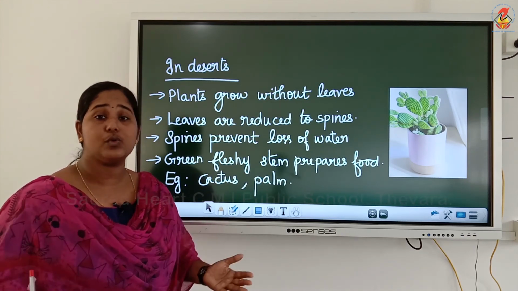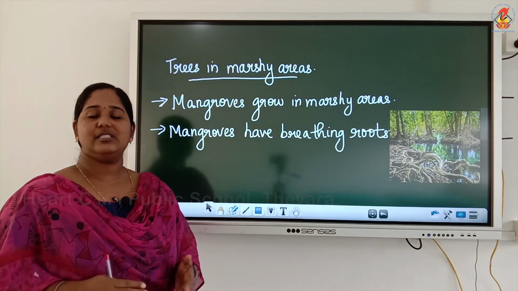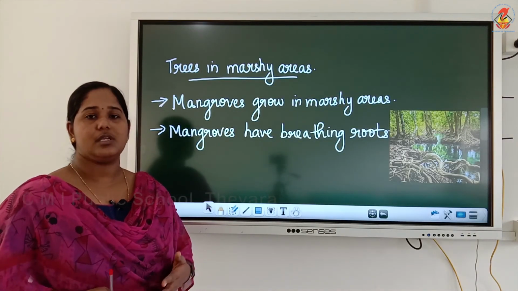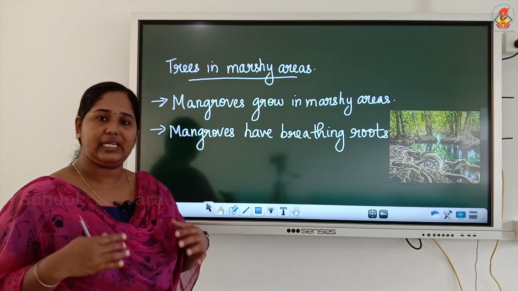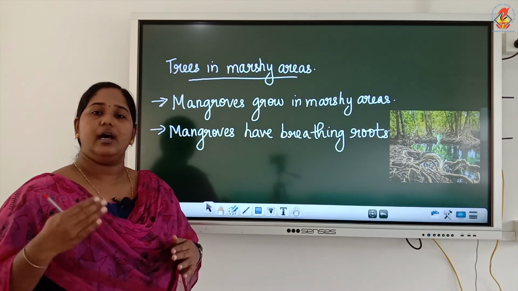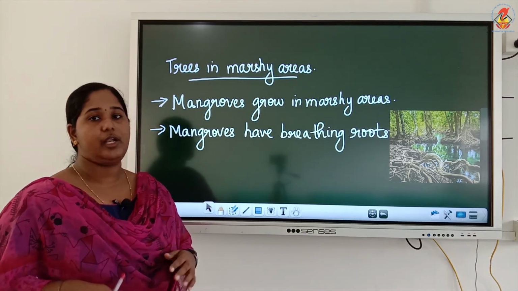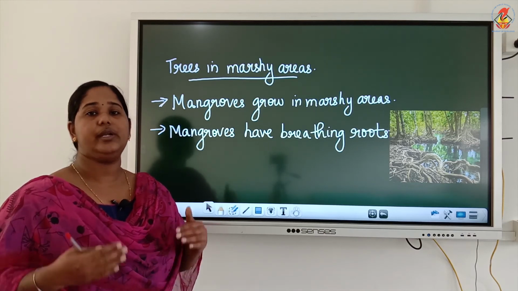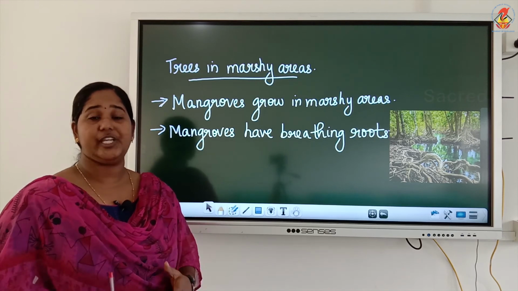It has spread-out roots also. And the last one is marshy areas. The trees that grow in marshy areas are mangroves. Mangroves have breathing roots. As the soil is sticky and clayey with water logged in it, the roots of mangroves will not be able to breathe inside the soil, so they come outside and grow. They are called breathing roots. So, this is all about terrestrial plants.